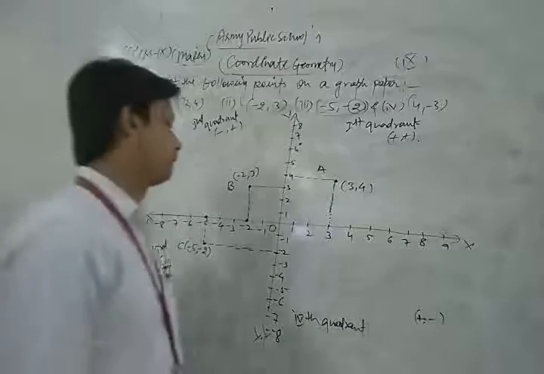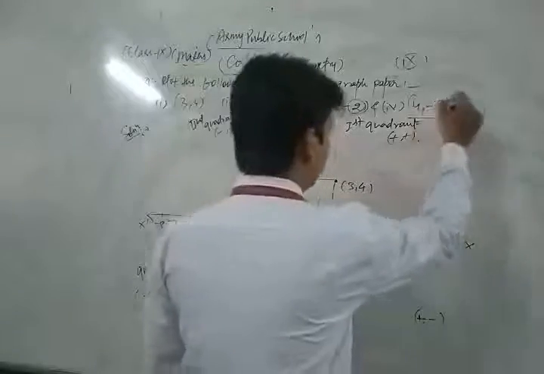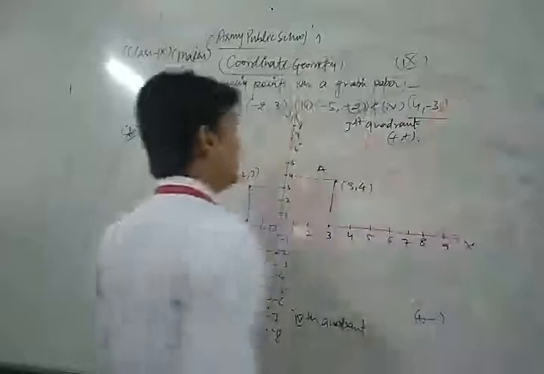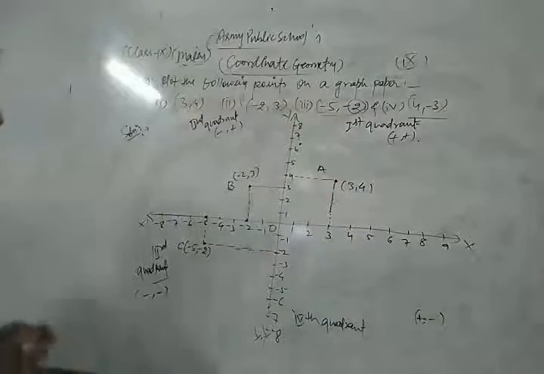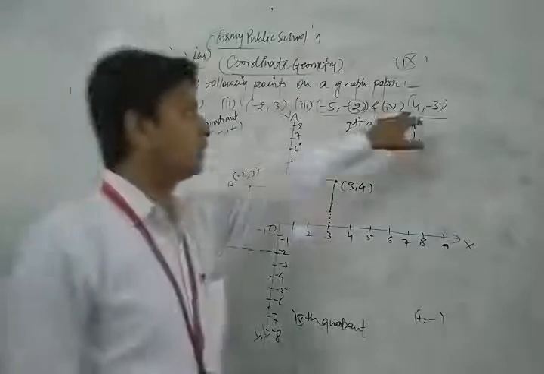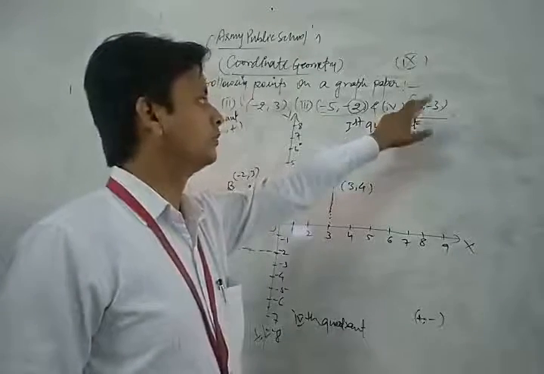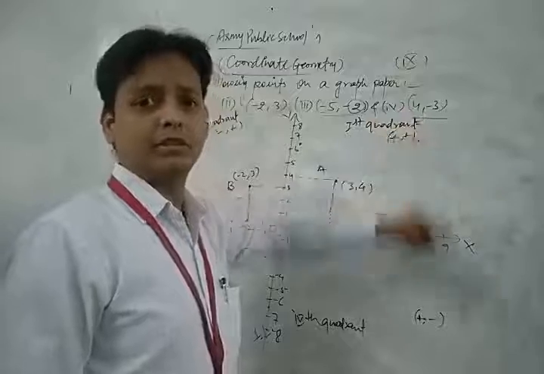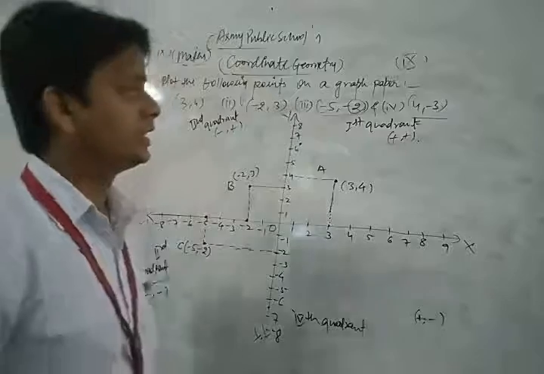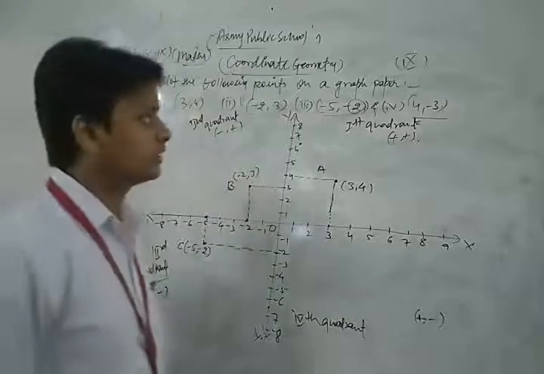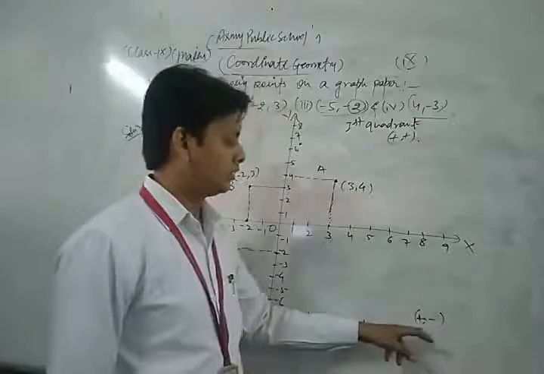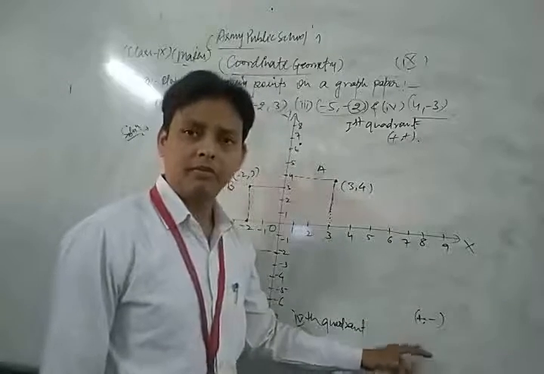Okay, now we discuss the point (4, -3). For (4, -3), the abscissa is positive, but the ordinate is negative. In which quadrant? The abscissa is positive and the ordinate is negative, in the fourth quadrant.